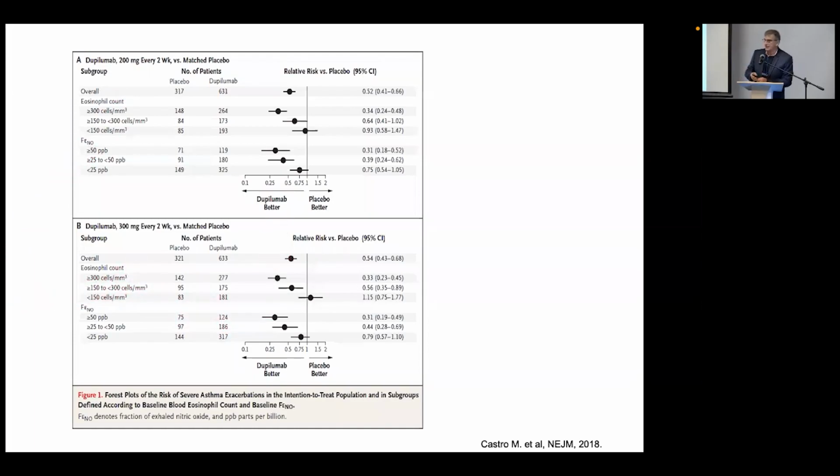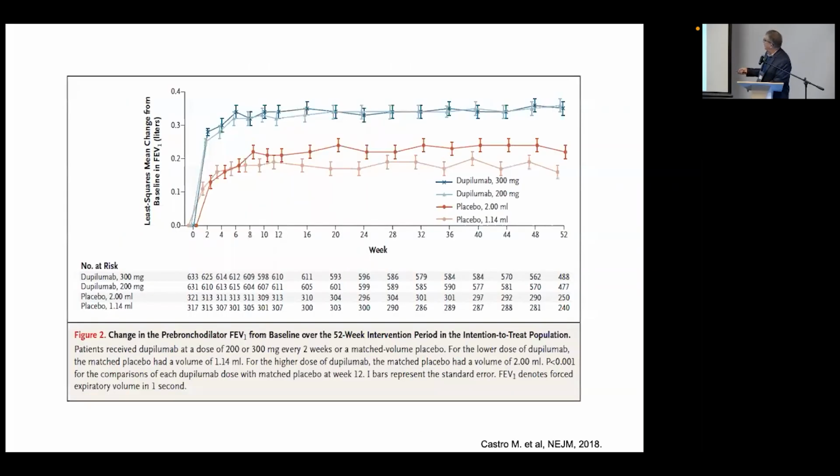So clearly, in the patient with eosinophils, the response to biotherapy, omalizumab, the anti-IL-5 or dupilumab is better. And here are the results obtained with the FEV1, the effect on FEV1. My feeling is that dupilumab is a little bit more efficient than the others for the FEV1, not for the exacerbation rates, but for lung function.